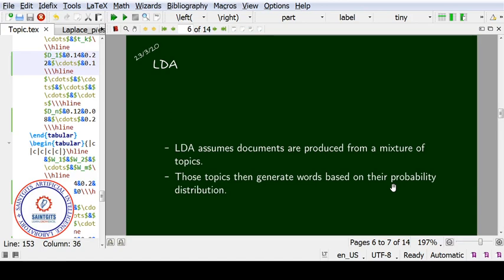The basic assumptions of LDA are: LDA assumes documents are produced from a mixture of topics. Again, we assume that there are a lot of different classes of words available in every text document. Those topics then generate words based on their probability distribution.